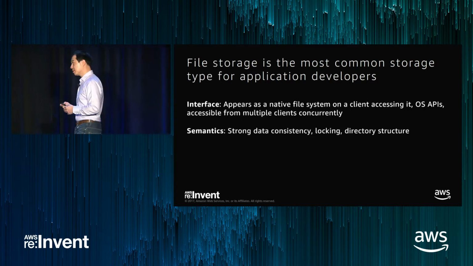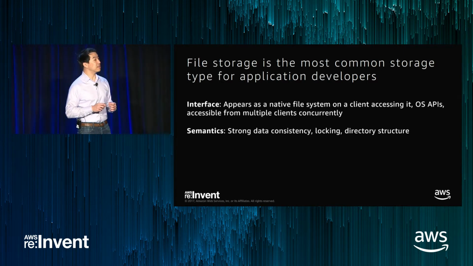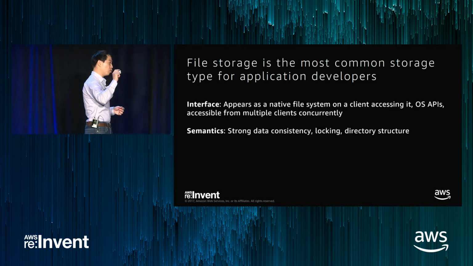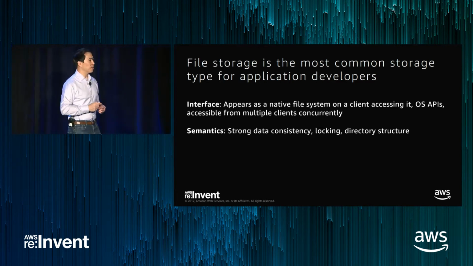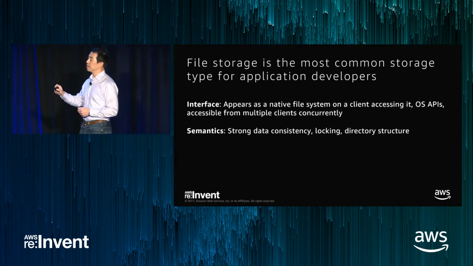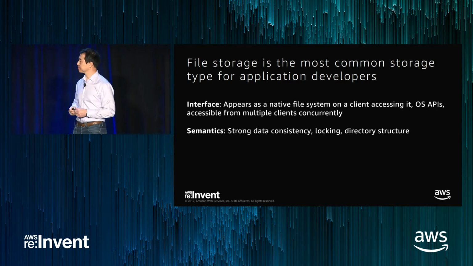So semantics. The file system supports strong data consistency, which means that when a client or application writes a piece of data, that last atomic, most recent update can be read immediately by another client.